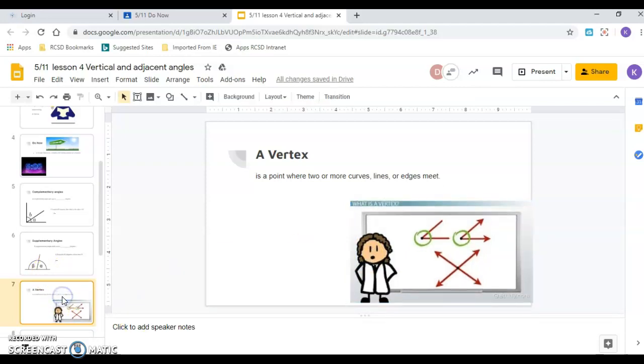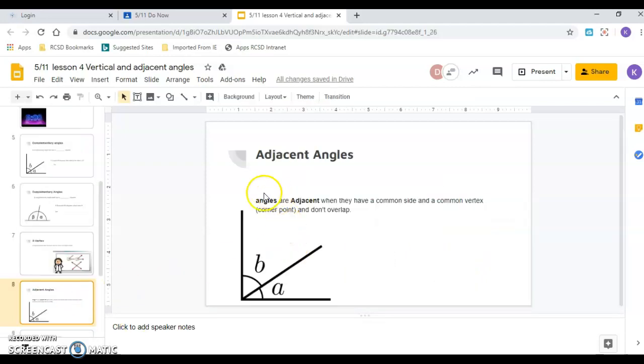And here we go, moving on to our next one. Adjacent angles. Angles are adjacent when they have a common side and a common vertex. So they share a common side. In this one, we've got this line here, they share it. You can't make angle B without this line, because angle B has this line, the vertex, and then this line, and that makes angle B. And then angle A has this line, the vertex, and this line.